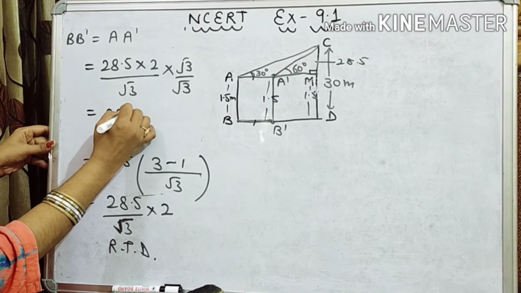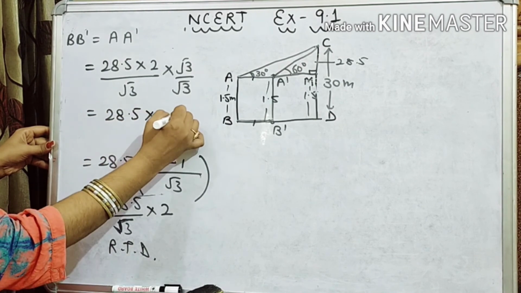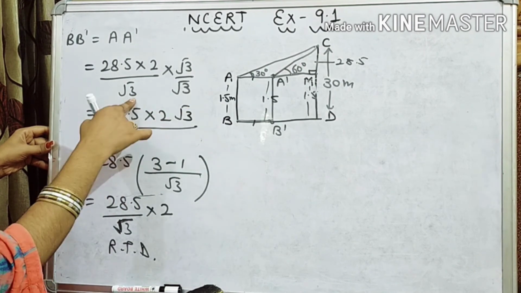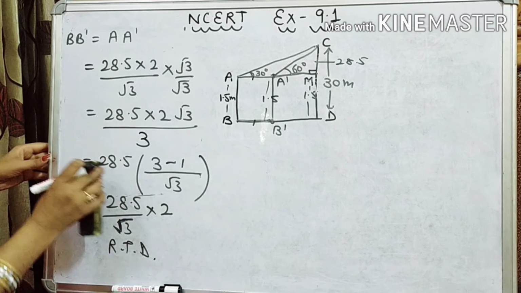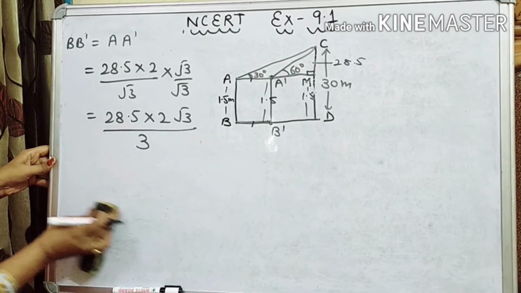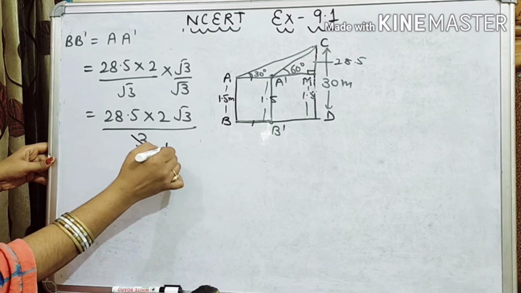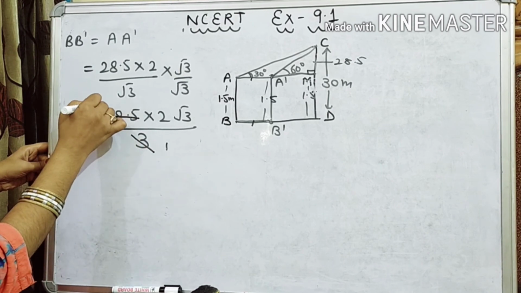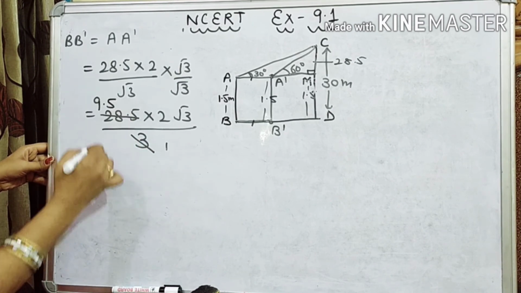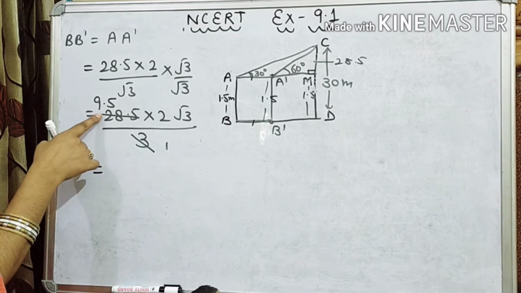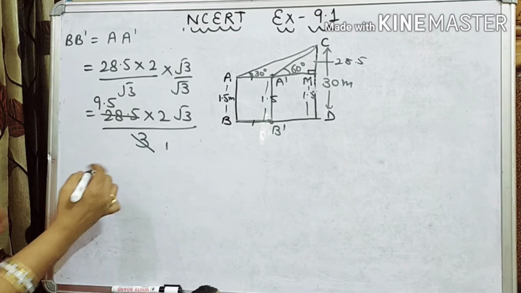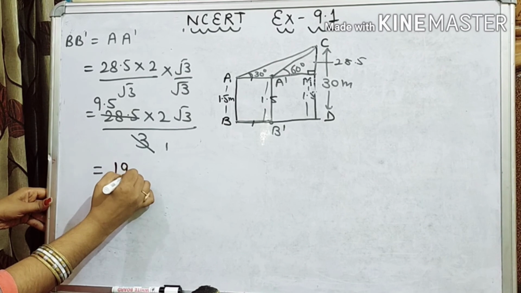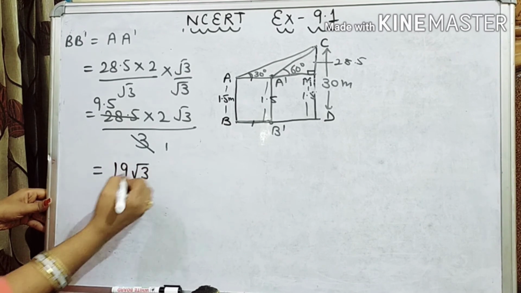Finally, we are left with root 3 into root 3 is 3. Can you cut it? Yes, you can. So you just cut it. 3 ones are 3, 3 nines are 27, and 3 fives are 15, and now 9.5 into 2 is 19 root 3, right?